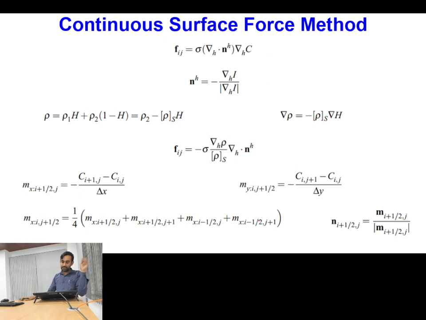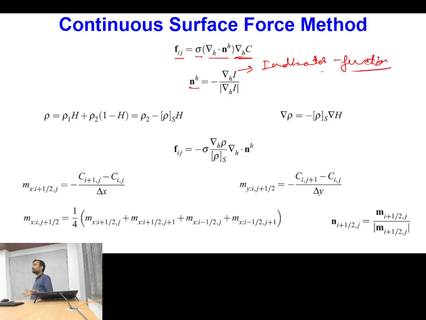To make it more generic, I am now writing that Fij is equal to sigma times gradient of n into gradient of C. Same equation but a little bit algebraically manipulated. Now to calculate the normal vector, I am using nothing but the indicator function. What is the indicator function?